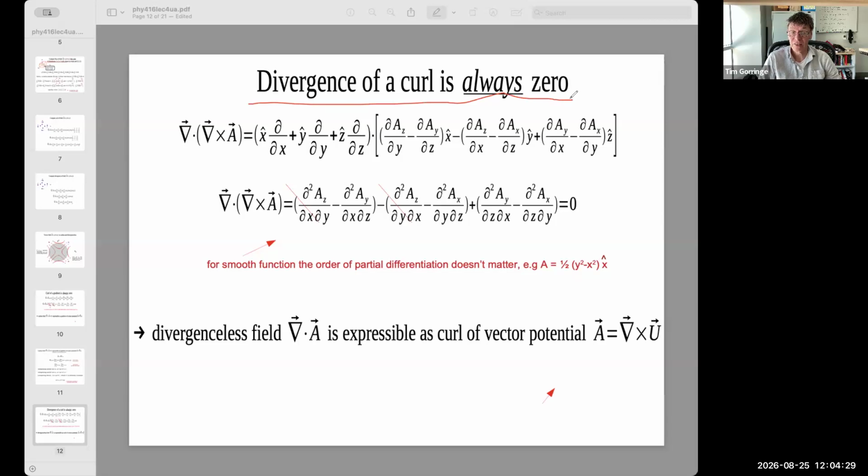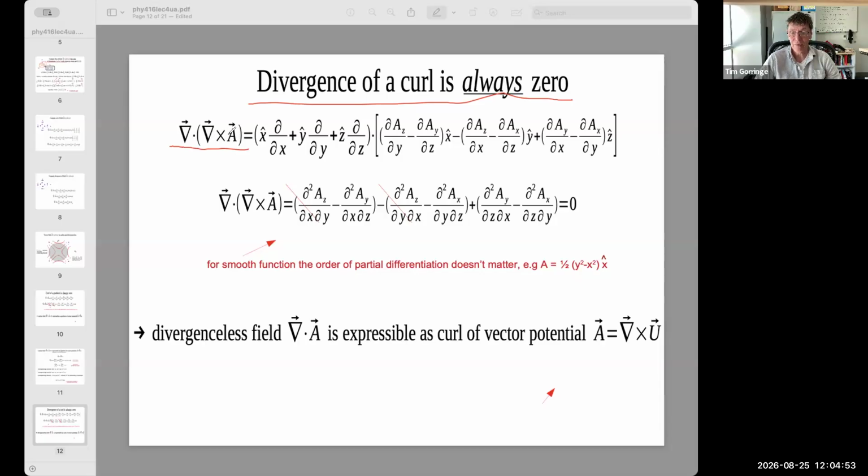This is a second key mathematical identity. Here's the expression for the divergence of a curl of a vector quantity. Remember, the last one was the curl of a gradient, which involved a scalar quantity u. This is a vector quantity.